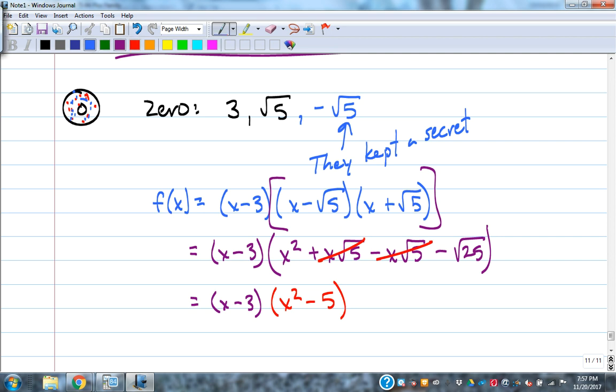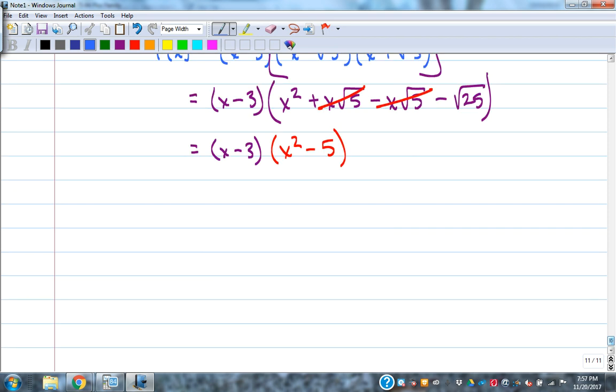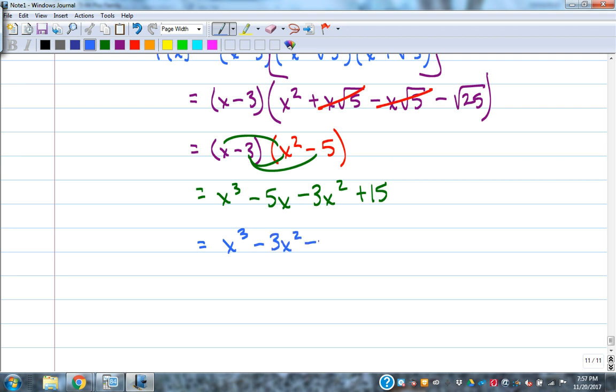And then we distribute again. x times x squared, x cubed, x times negative 5, negative 5x, minus 3x squared, plus 15. Last thing is just put it in the right order: x cubed minus 3x squared minus 5x plus 15.